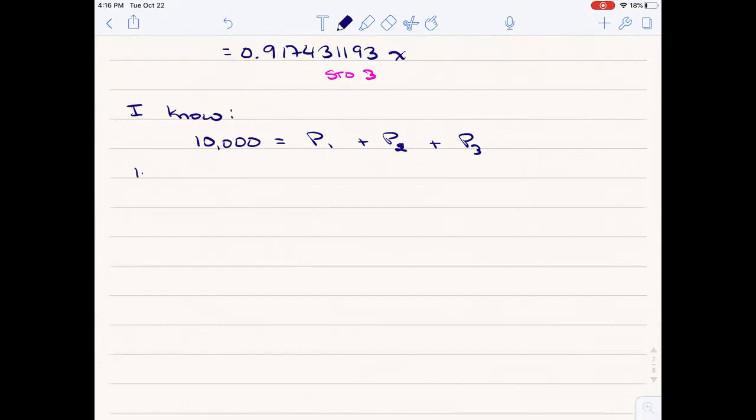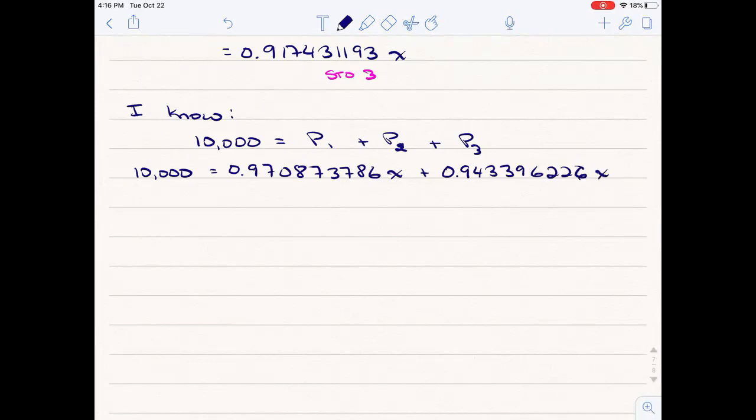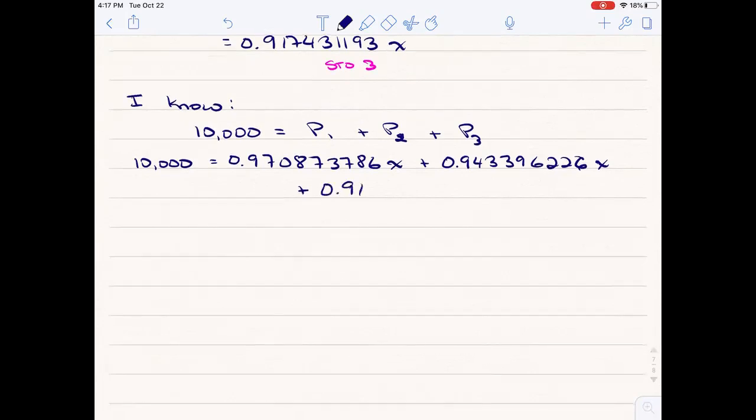So what we have is 10,000, I'm going to give myself a little bit more room here. 10,000 has to be P1, but P1, remember, was, I'm going to recall 1, 0.970873786X, plus P2, which was, recall 2, 0.943396226X, plus P3, which was 0.917431193X.